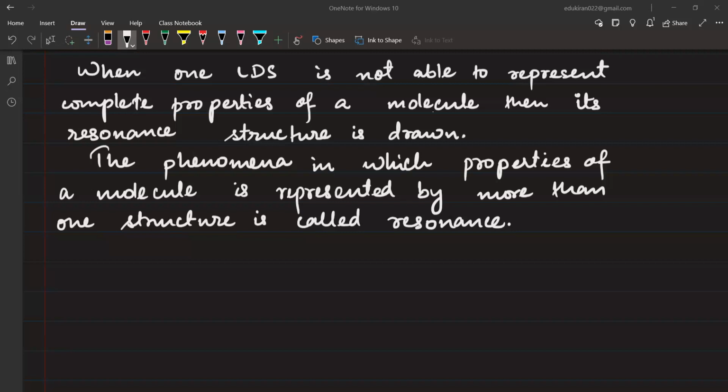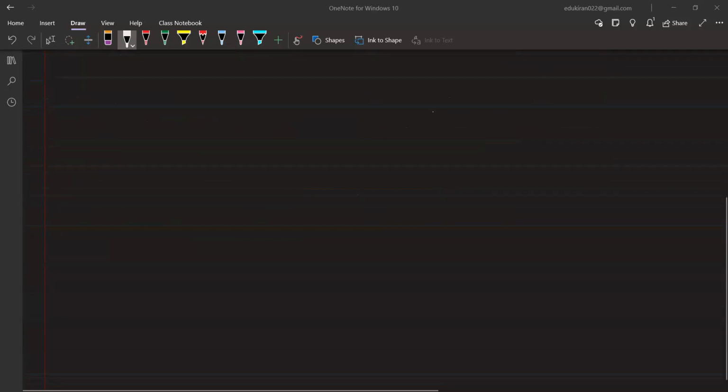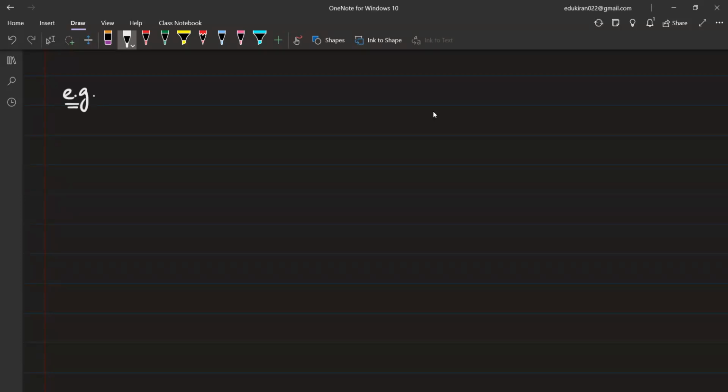See next. For example, the structure of ozone. Ozone has a double bond oxygen like this and a single bond oxygen like this.